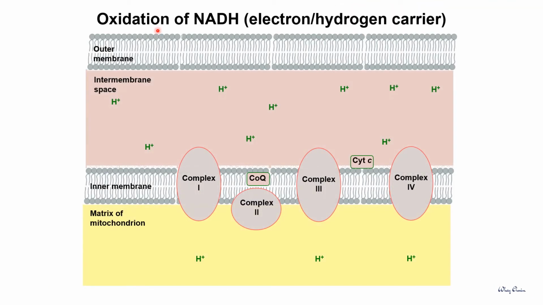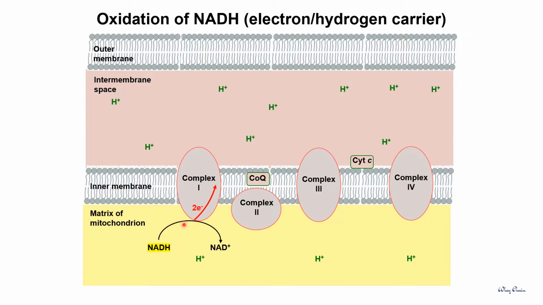Study the pathway of electron transport from NADH, which is the electron or hydrogen carrier produced from glycolysis, the link reaction, and the Krebs cycle. NADH is the high-energy molecule that will donate the electrons to complex 1, which is NADH dehydrogenase.